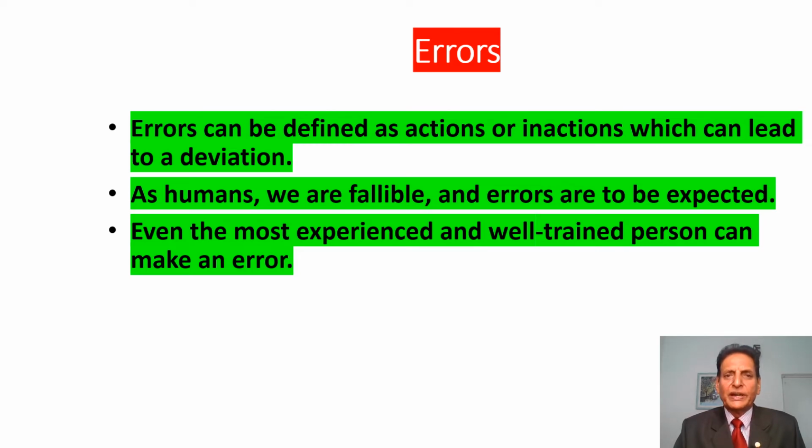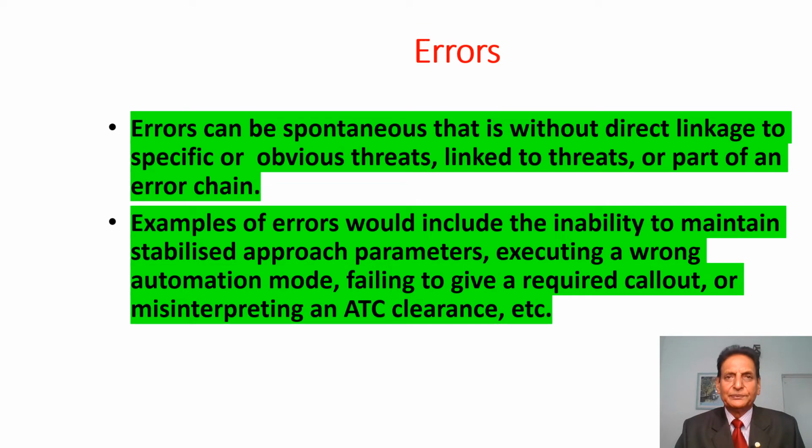Even the most experienced and well-trained person can make an error. Errors can be spontaneous, that is, without direct linkage to specific or obvious threats, linked to threats, or part of an aviation error chain.